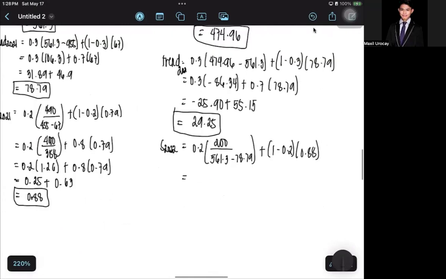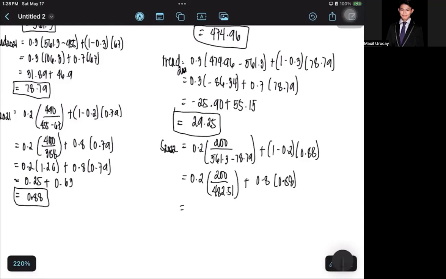So right now, calculating that one, it will become 561.3 minus 78.79, and that will equate to 482.51. So calculating that one, the parameter will become 0.8 times 0.88.